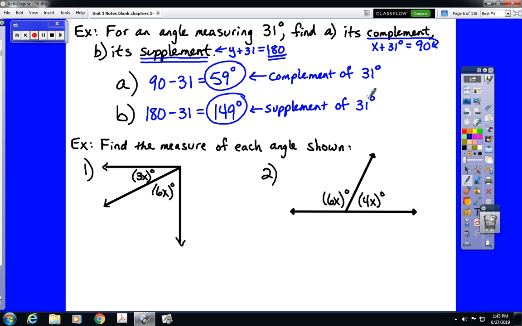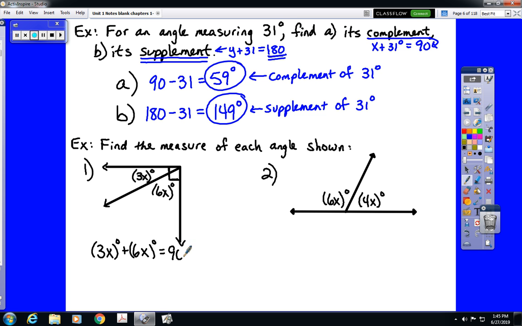Okay, now more commonly we're going to see pictures like here on number 1 and number 2. I will point out that number 1 should have a right angle marking, indicating that these are complementary angles. Okay, so then we would say, okay, well, 3x is one of the angles, plus 6x, which is the other angle.